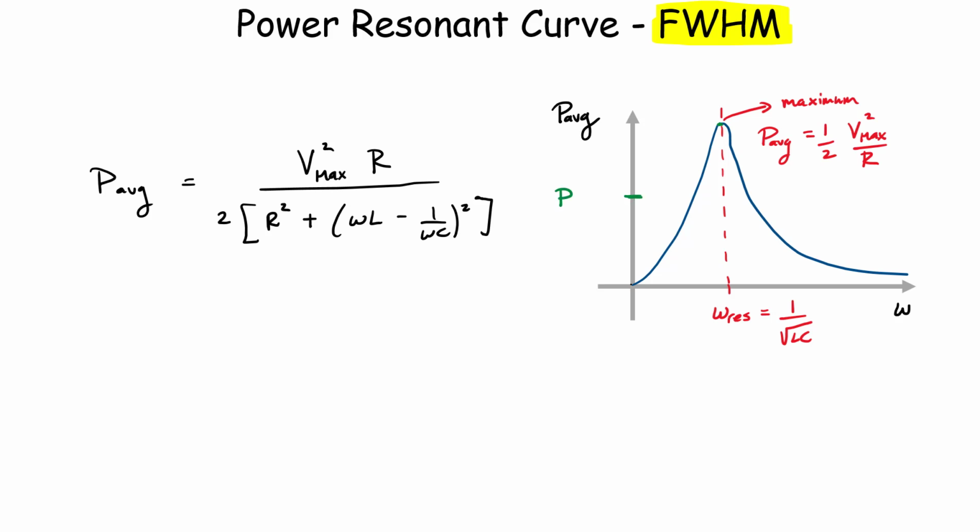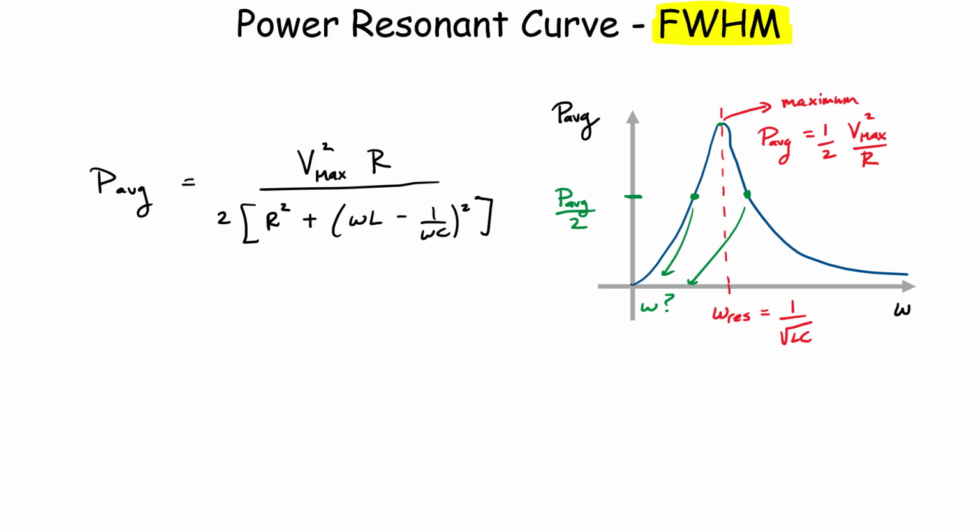This is when the power is P average, the maximum divided by 2. You can see there are 2 values of omega here where I obtain this average power equal to half of its maximum value. So my goal now is going to be to calculate both of these frequencies here, omega, and define this full width at half maximum.